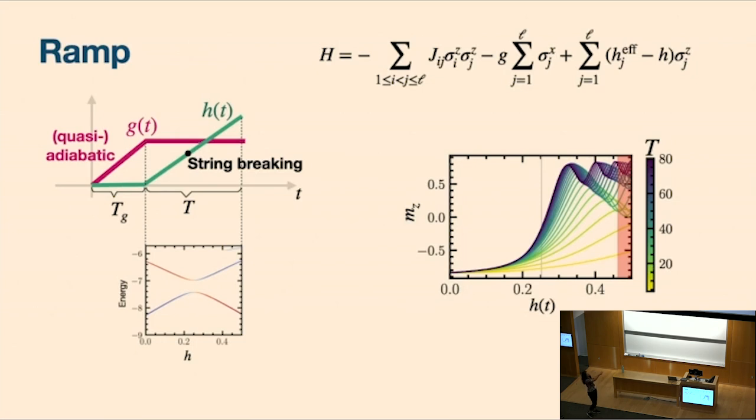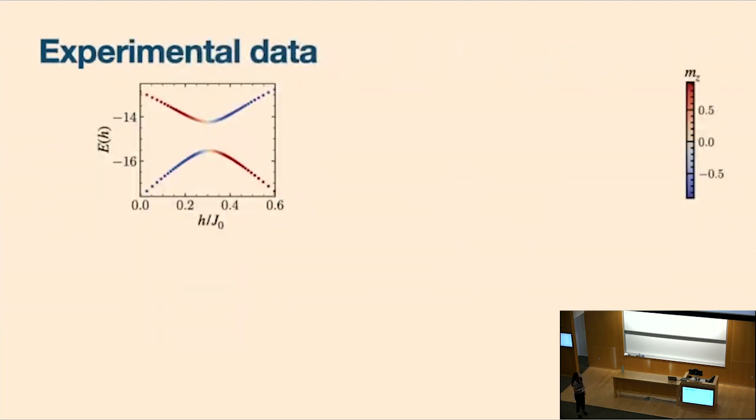You follow the ground state. But if you're too fast, then the magnetization doesn't have time to change. So essentially what you observe after this ramp is described by Landau-Zener type of physics.